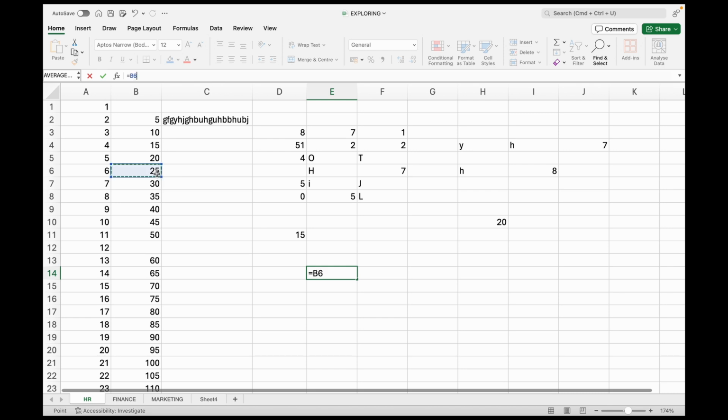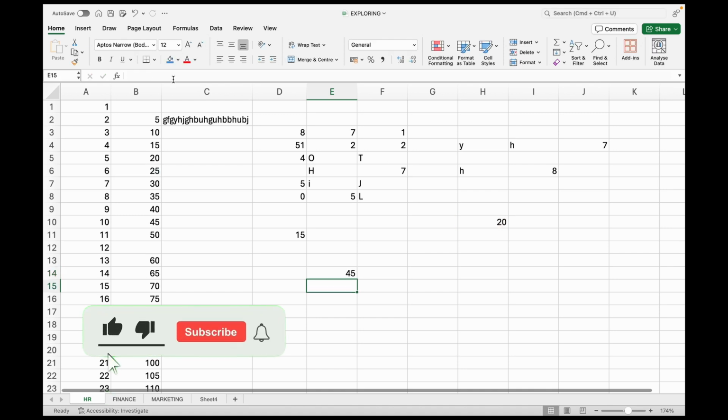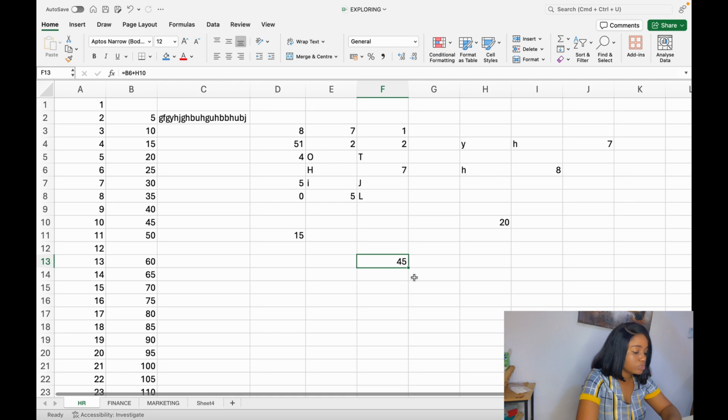Then I come for B6 plus H10, enter. So I have what? 45, which is the addition of 25 and 20. Great. This is how simply you can use the addition sign to add the content of two cells in Excel.